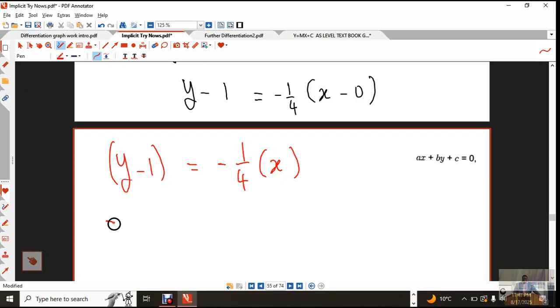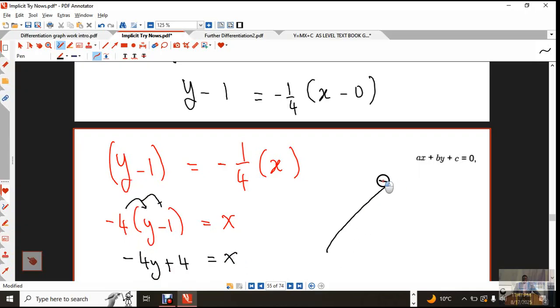So you're going to multiply throughout by negative 4, and that's going to leave my x alone over there. Then I'm going to multiply out by distributing this here. So I'm going to get negative 4y, and here you must be careful, that's positive 4, is equal to x.